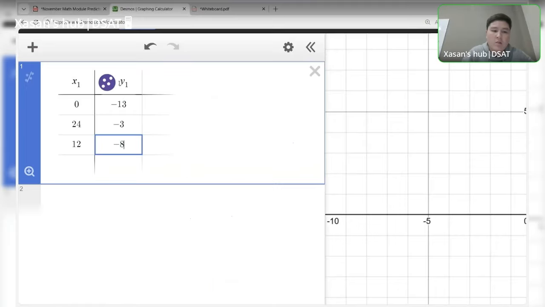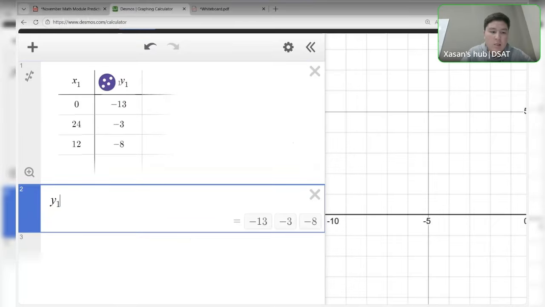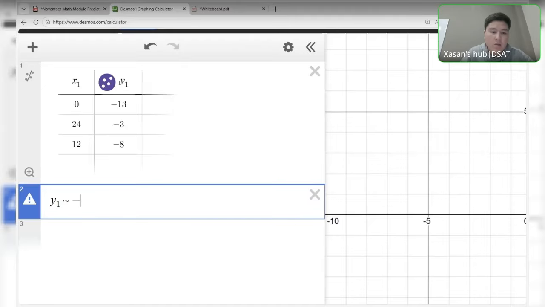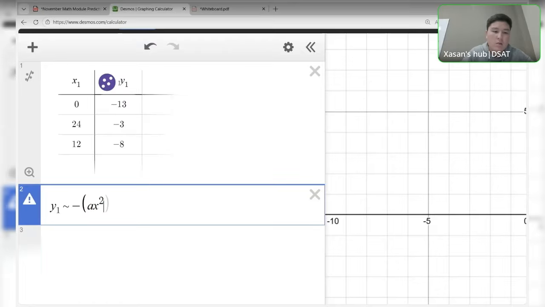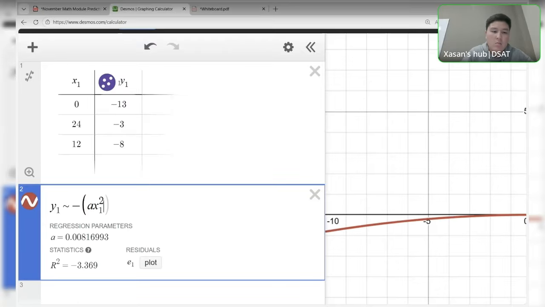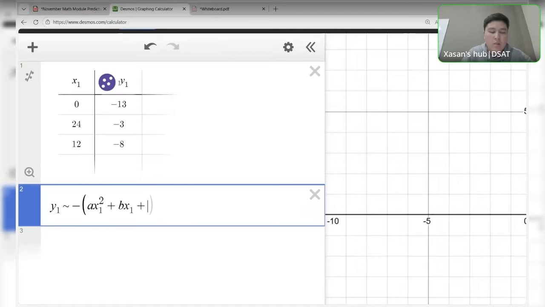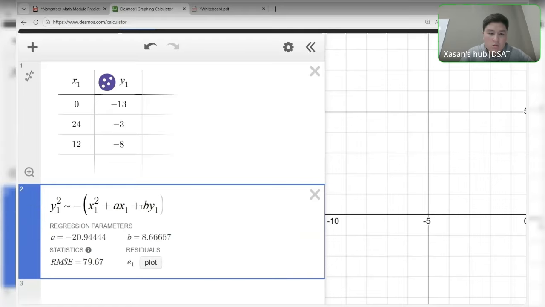And I want to write this equation in this way: y1 minus, for all, x1 squared plus ax1 plus y1 squared plus by1 plus c.